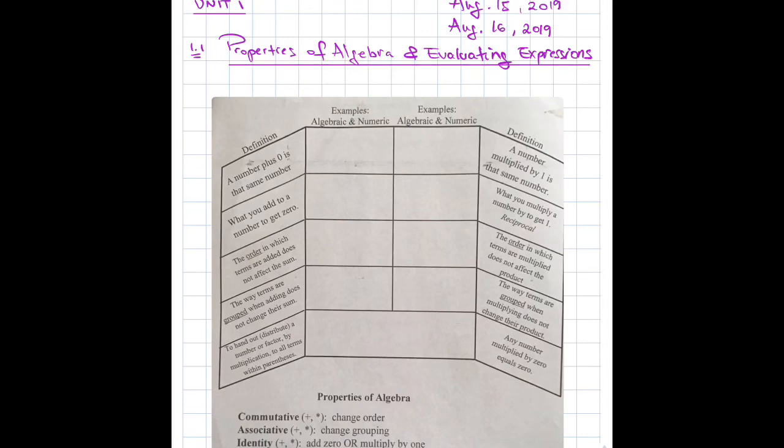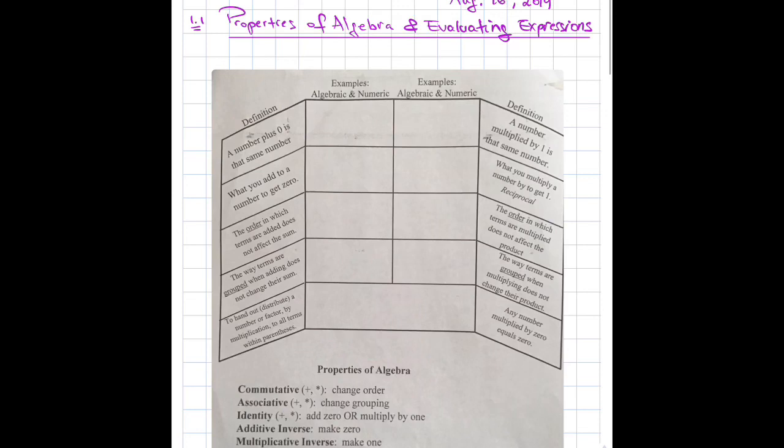The notes that we took during class are available in your Google Classroom, so you can visualize them there. We will just go over the parts of the handout that we went over in class.